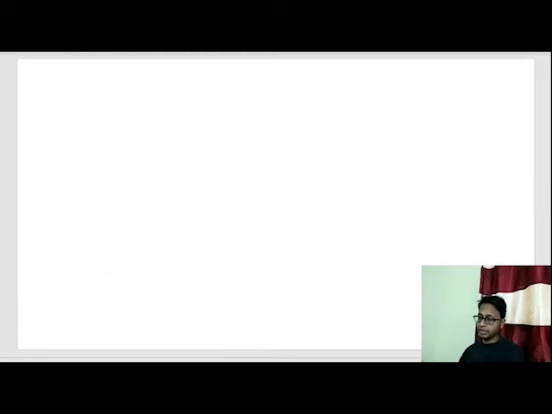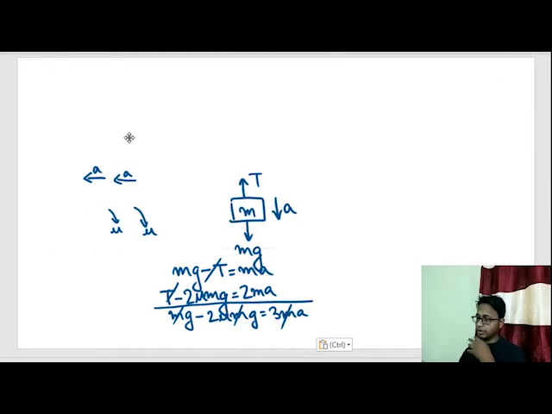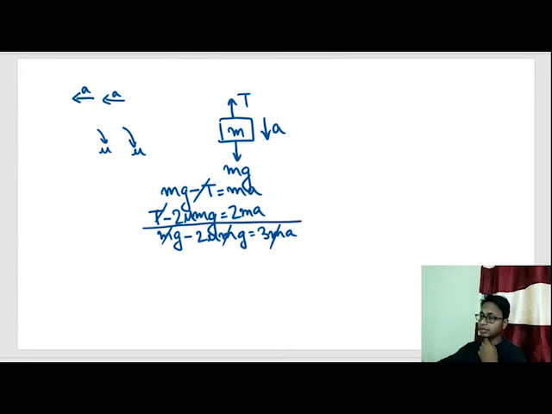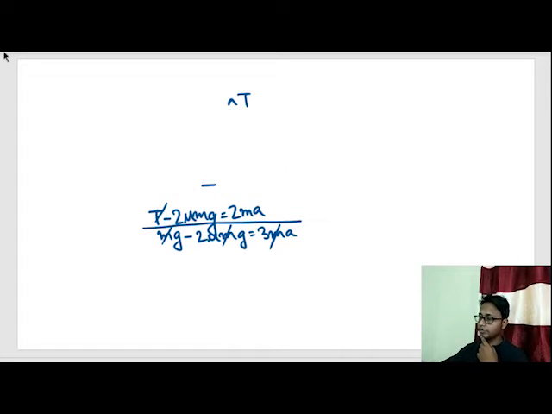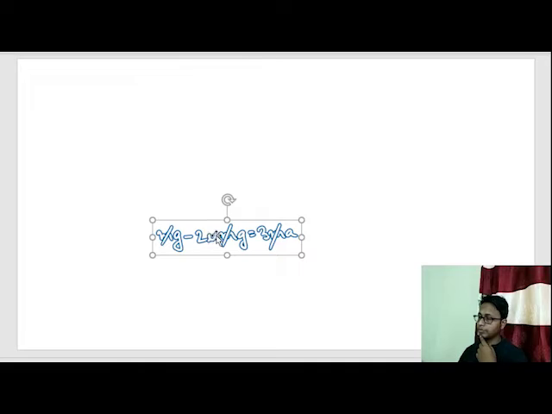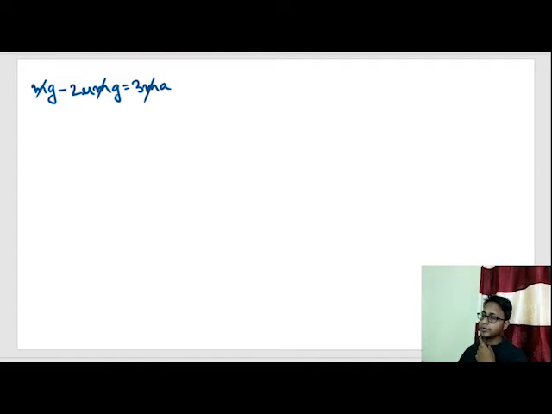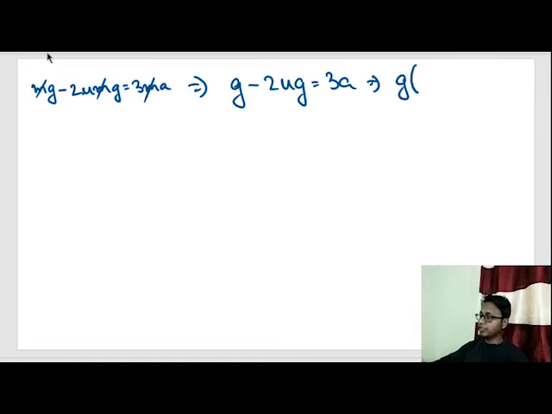I'm just copy pasting this, so don't be afraid. So g minus 2 mu g is equal to 3a, or a is equal to, taking g common from the left-hand side, 1 minus 2 mu, and on the right-hand side we get 3, so we divide by 3.